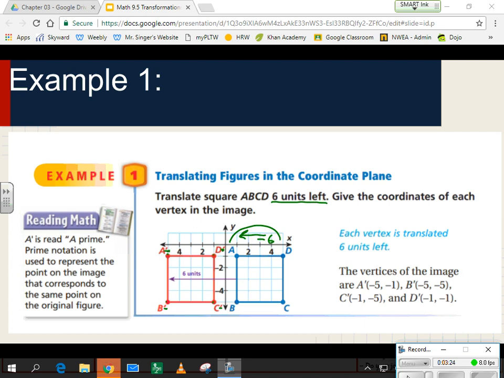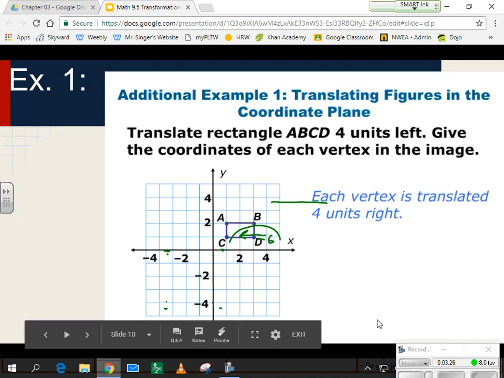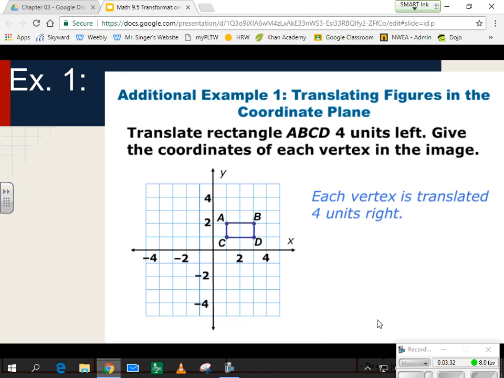Let's do one of these so we can see how it works. Let's get rid of all this junk. All right, this one I want you to put in your notes. So we're going to take this rectangle, and we're going to move rectangle ABCD 4 units to the left. So each vertex has to be moved 4 to the left.